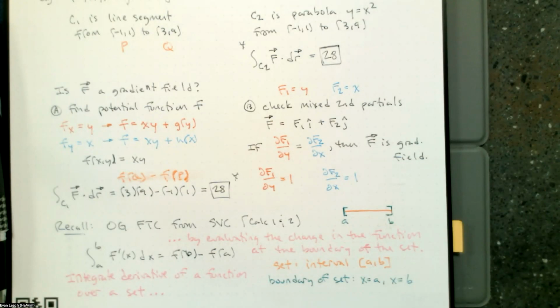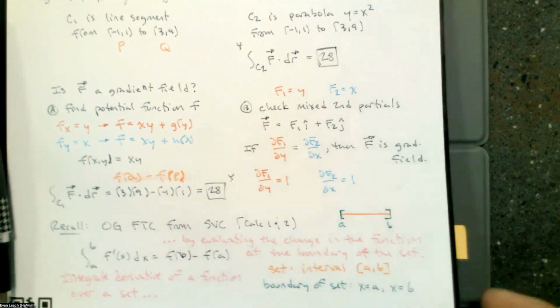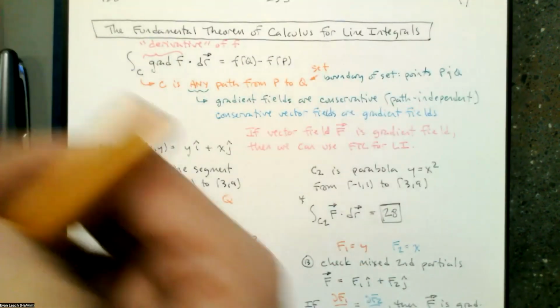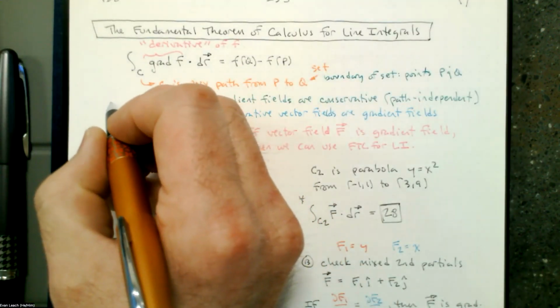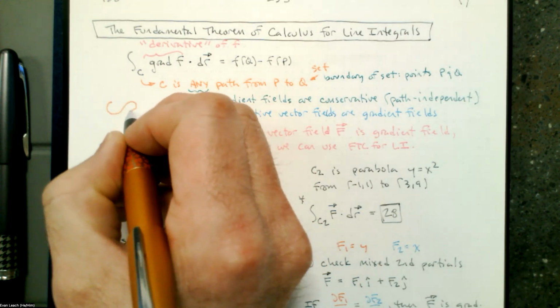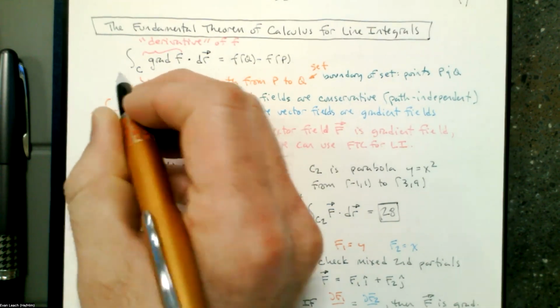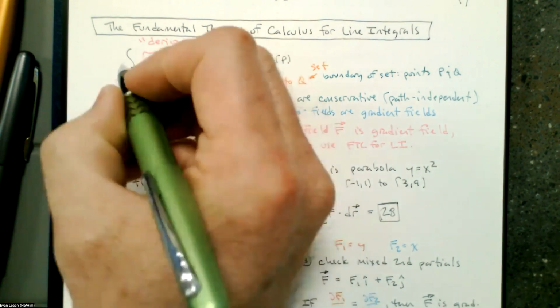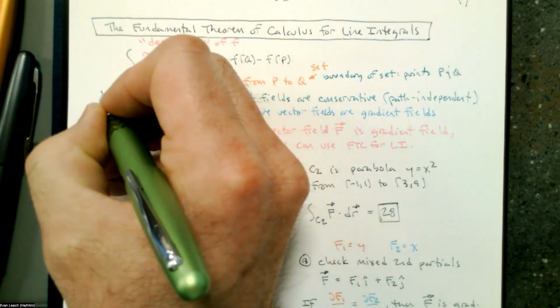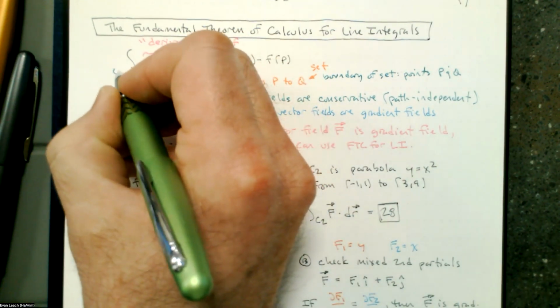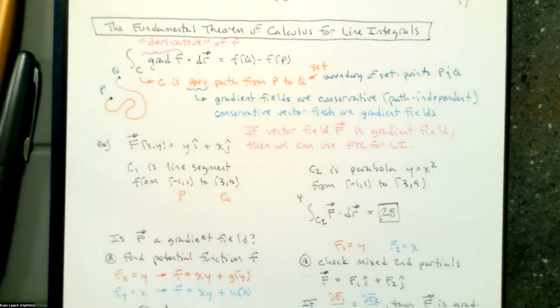In the case of the gradient theorem, the fundamental theorem of calculus for line integrals, the set over which we're integrating is any path from point P to point Q. And those endpoints serve as the boundary of the set.